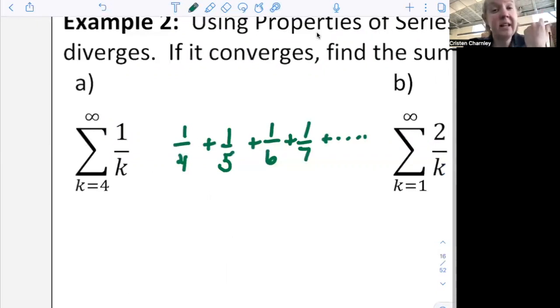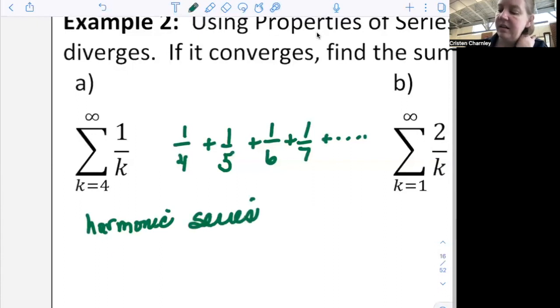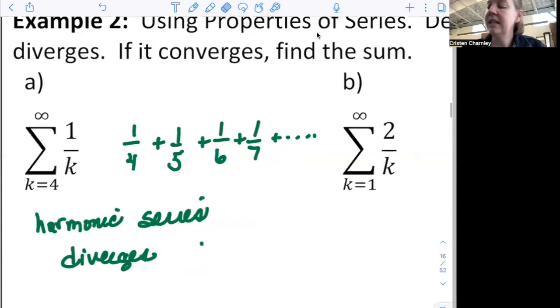This is exactly like the harmonic series, and that was in our notes the other day. A harmonic series diverges. So this one also diverges. Because this is harmonic, it diverges. We don't have to do anything else with that. I will have a way for you to prove that, using either the p-series test or the integral test, and you'll probably like that a little bit better.